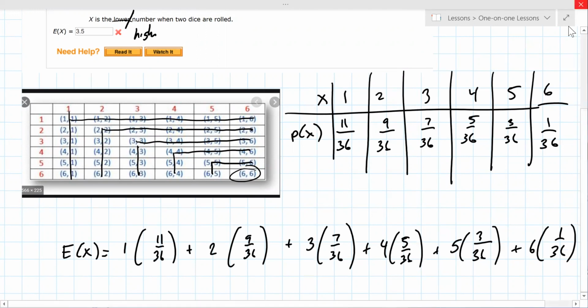And we've got to multiply that out and add it up. All right, so let me do that here. All right, so I worked this out, and I get 91 over 36 as the answer.